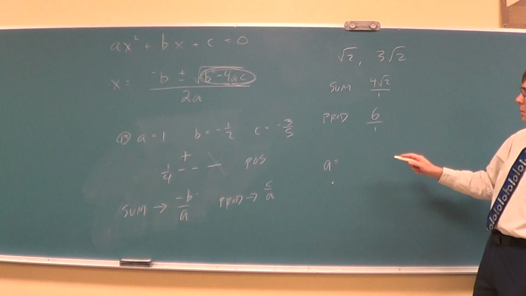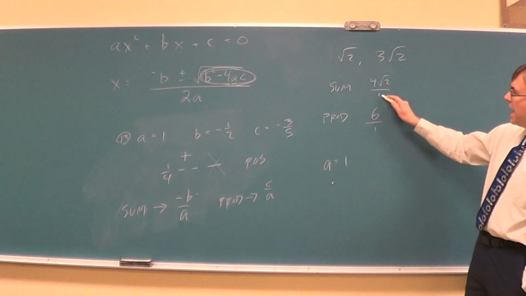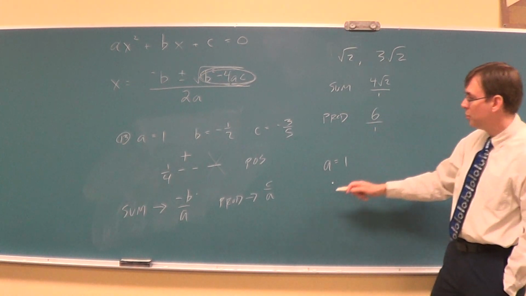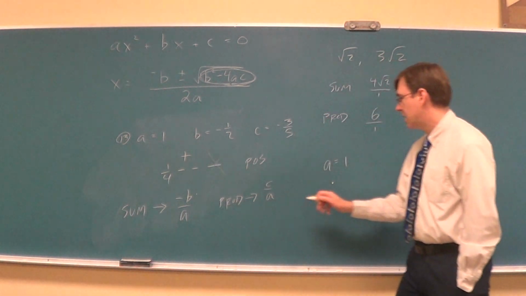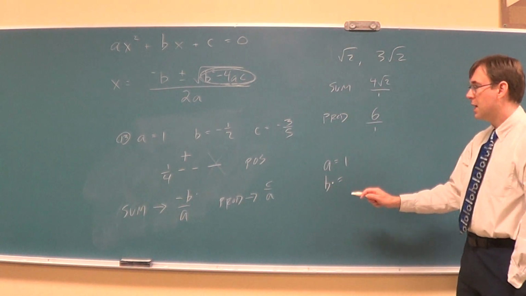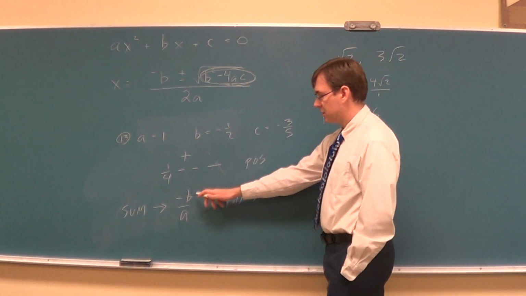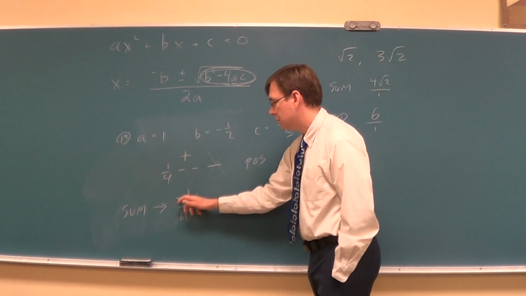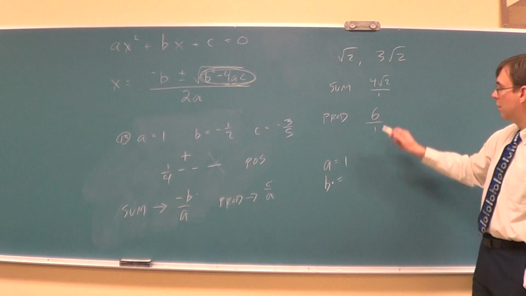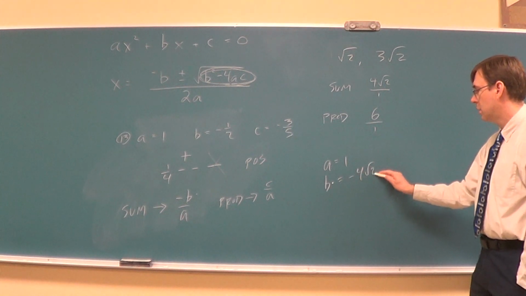A would be 1, because the A has to be the bottom of both, because trivia says so. B comes from the sum, but we have to switch the sign. So negative 4 root 2.